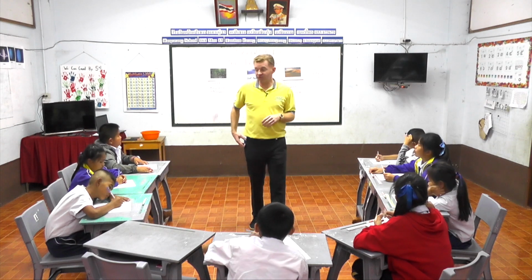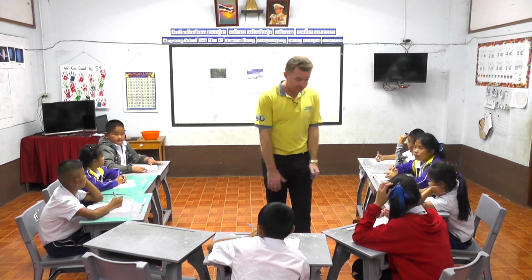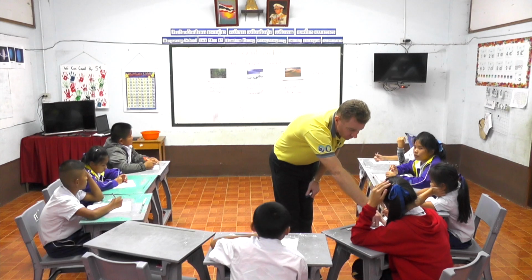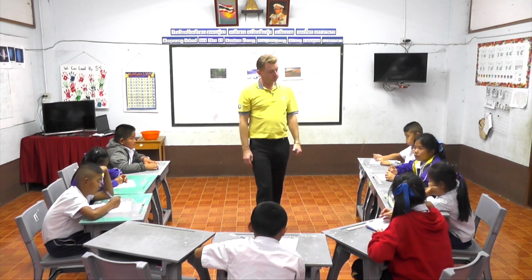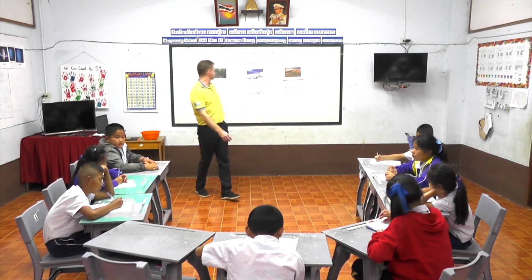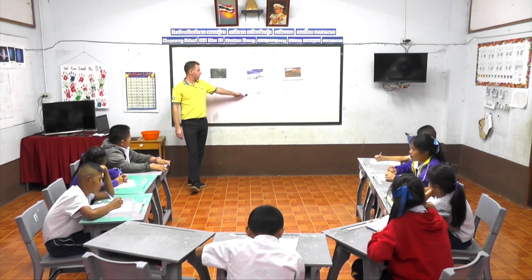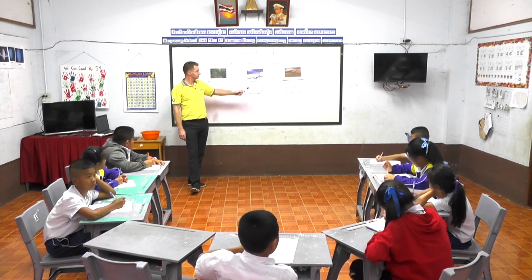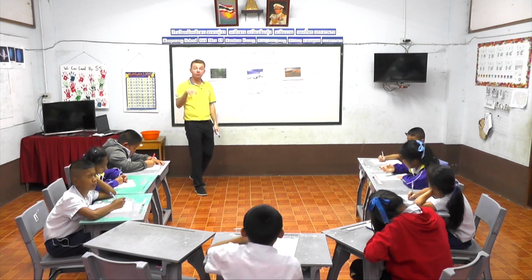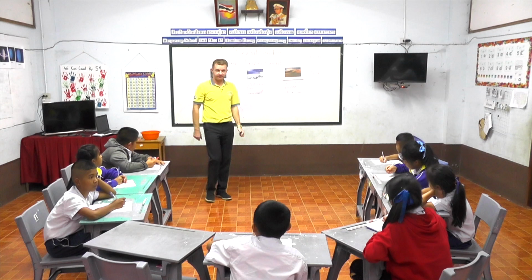Then when we move on to the second part, let's have a look at the vocabulary. So very cold and almost no rain. Very cold and almost no rain. Polar regions, but it does rain a little bit.